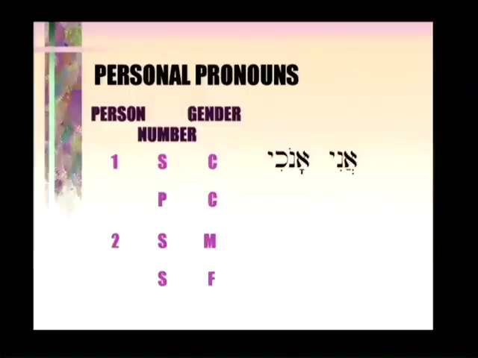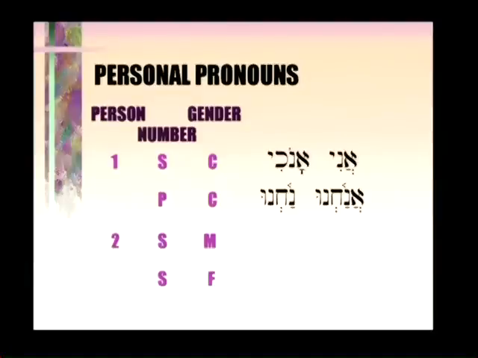First person, common singular. How do you refer to yourself? I. Okay, it's I. So, ani, anoki, I. In the Ten Commandments, one of the Ten Commandments, short form, is anokiya. That means I am Yahweh. I am Yahweh. All right?